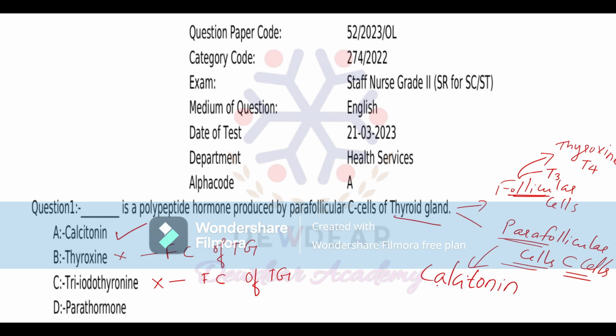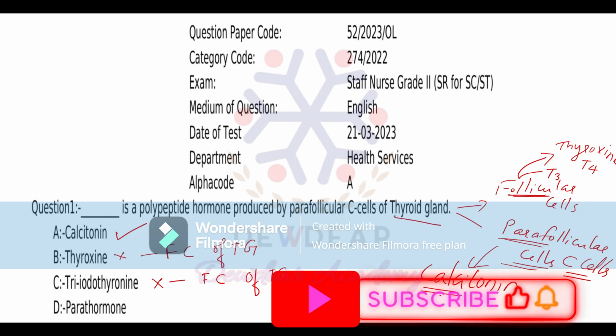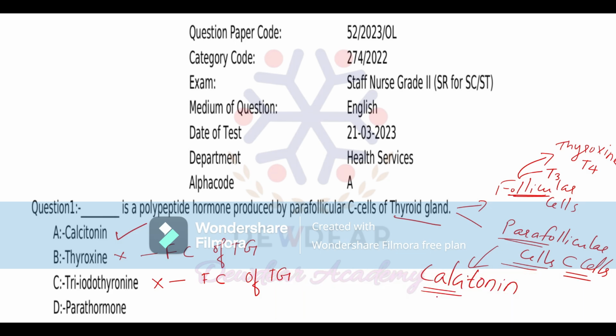And what is the function of this hormone calcitonin? Calcitonin helps in regulating the calcium levels in the body by reducing the calcium absorption in the intestine, and also it promotes the calcium excretion by the kidney, and also it inhibits the activity of osteoclasts. So the function of calcitonin is that it lowers the blood calcium level.